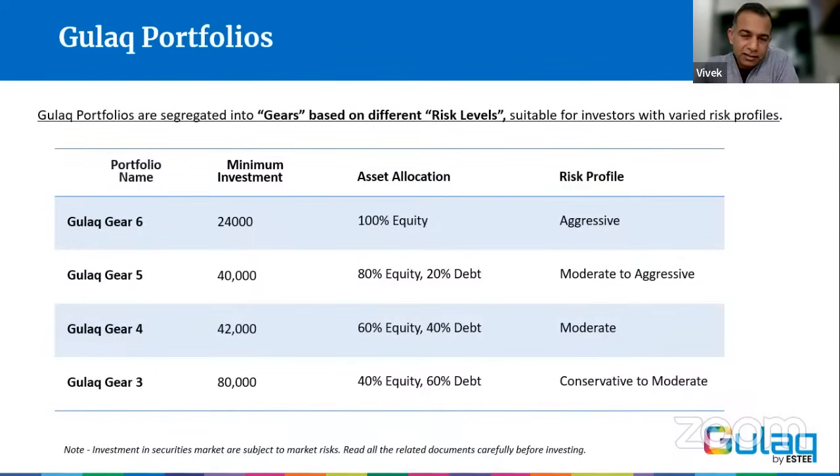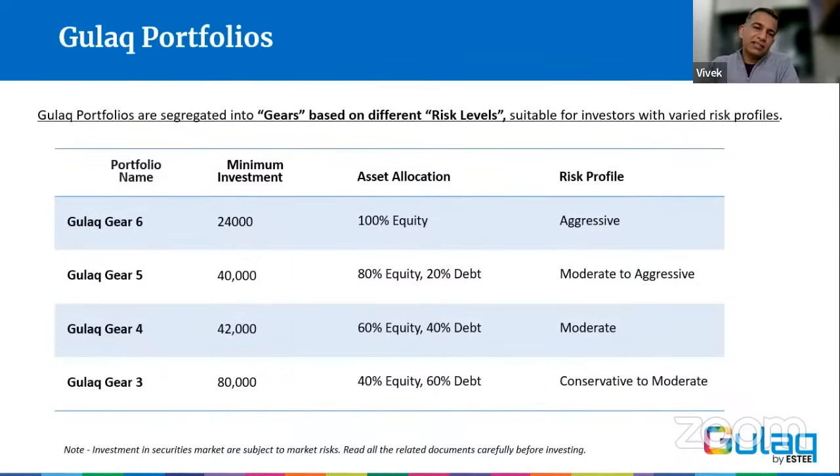Brakes help you because they allow you to go faster, and it is the same thing in a portfolio. Equity is like your accelerator, and debt is like your brakes. So I would never recommend anyone to drive without brakes, which means I'll never recommend anyone to have only equity in their portfolio and no debt.